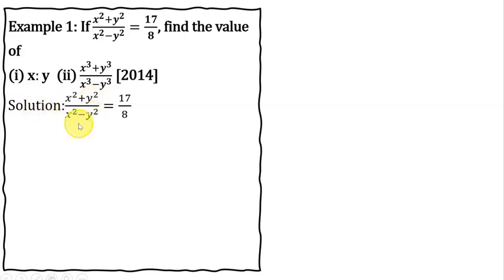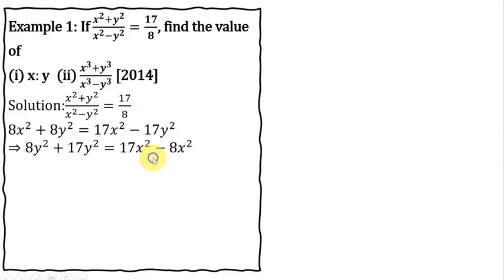(x square plus y square) upon (x square minus y square) is equal to 17 upon 8. First, cross multiplication. Then 8x square plus 8y square is equal to 17x square minus 17y square. Now collect the terms y square and x square on the same side. Therefore, 8y square, shift the minus 17y square to the left hand side, and that equals 17x square.